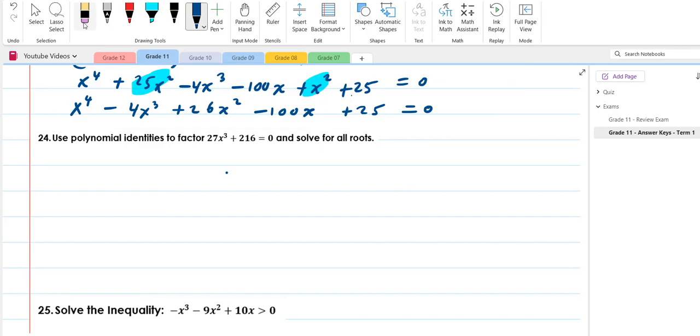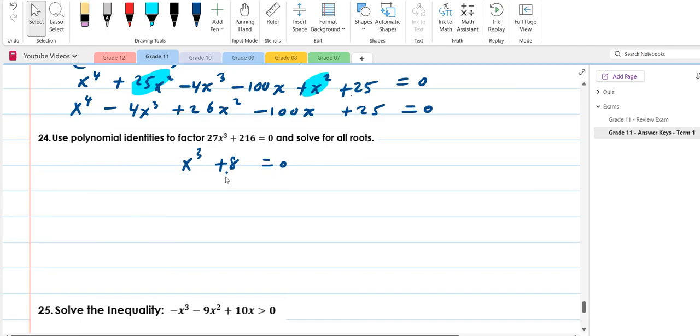This is not really in standard form, so it's x cubed plus 8 is equal to 0. So this is easier to solve than the previous one. And how did I know that? Because my first bracket ended up with factors. So x cubed plus 8 is equal to 0. That's what we are solving. So this is the sum of 2 cubes.